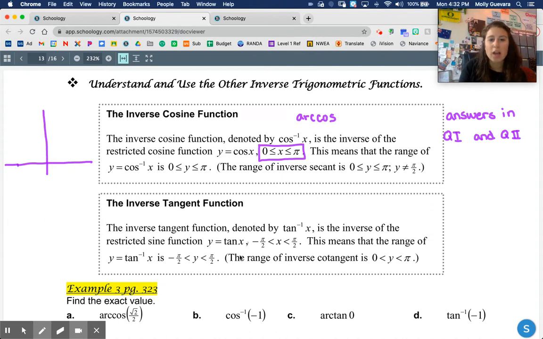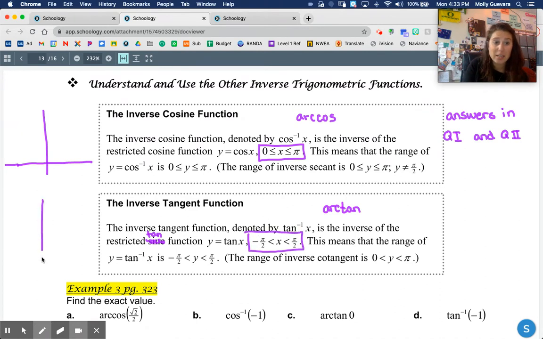Okay. Tangent, very, very similar, right? Denoted by the little negative 1 or arctan, either way. This is a typo. This should be tangent. And then again, tangent is the same as sine.